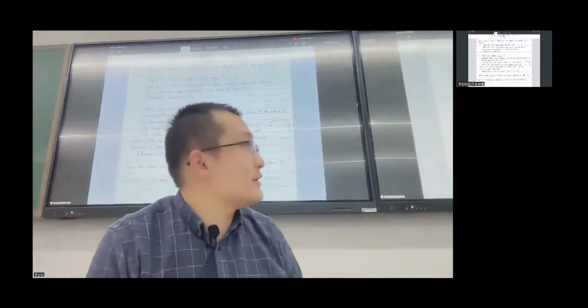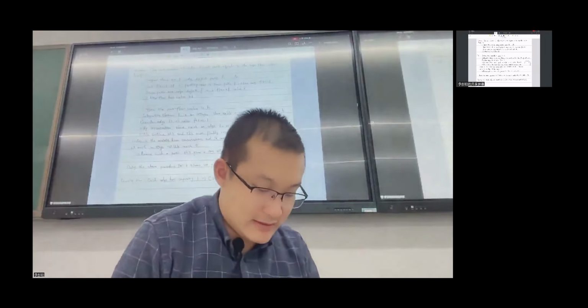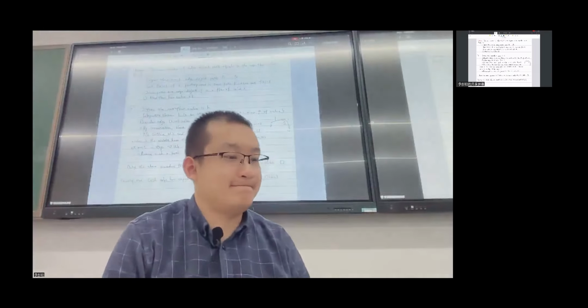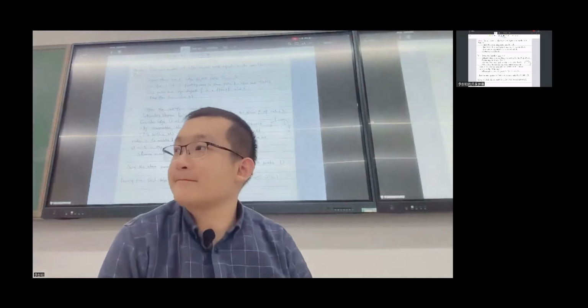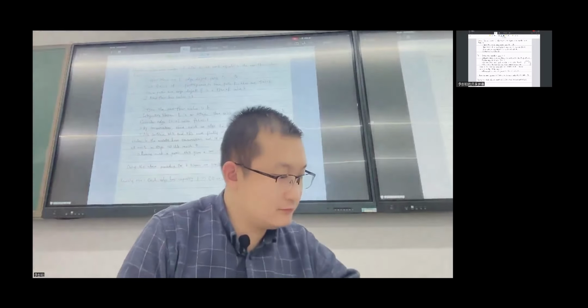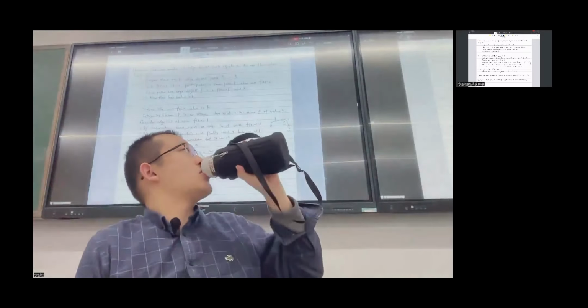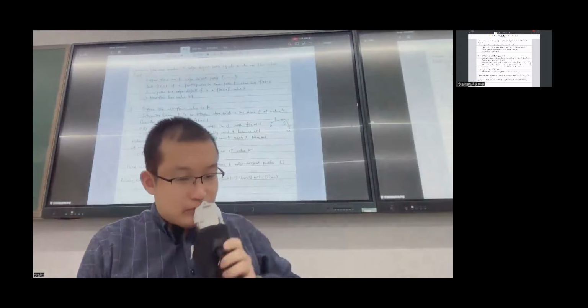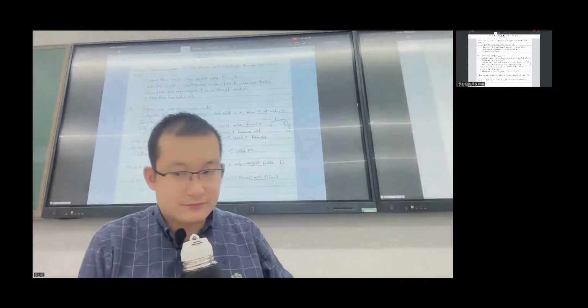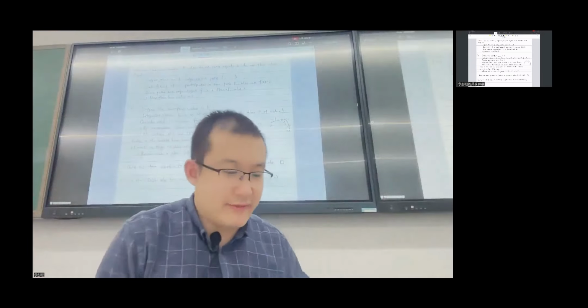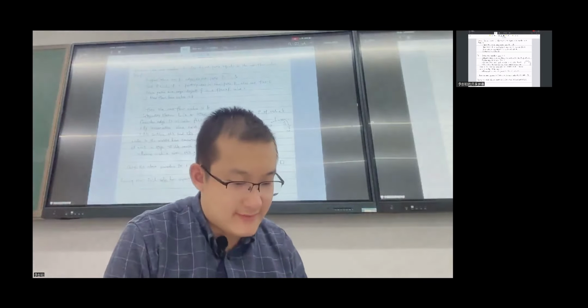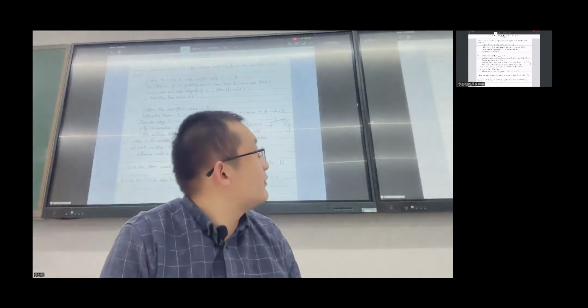Okay, so any question about this theorem and the analysis of the running time? So maybe you can see that for the applications of the max flow algorithms, the proof here is not difficult.